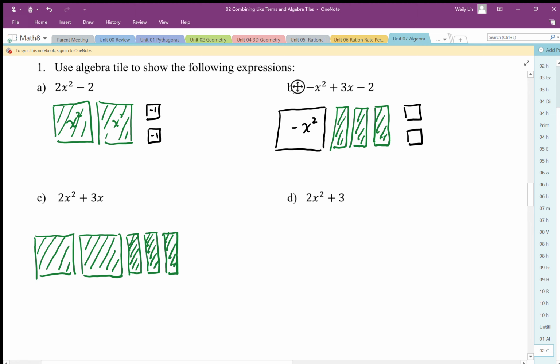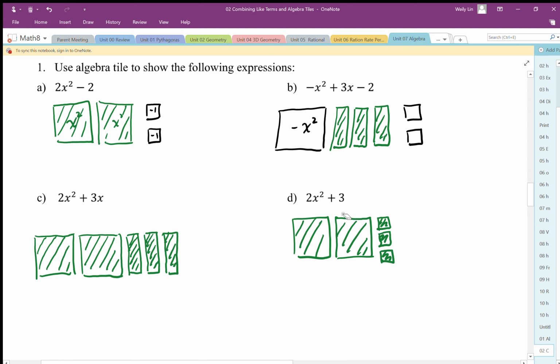Looking at D, we have 2 x squared tiles and 3 ones tiles. This will not be able to be shown in a rectangle because we don't have anything that can match the edge lengths of these ones here.